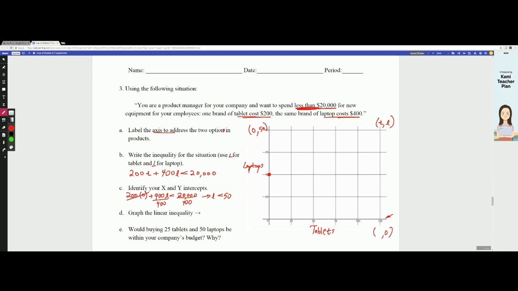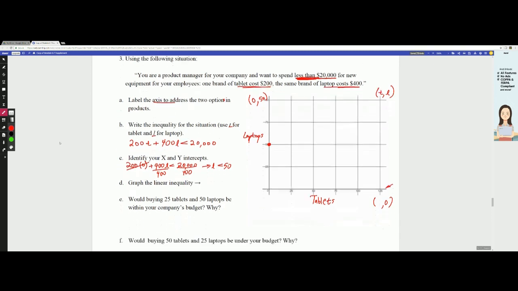Let's solve for tablets. So let me try to find some more room here. I'll work down here. So again, we don't want any laptops. But we still have to spend less than 20,000. Let's use the division property.